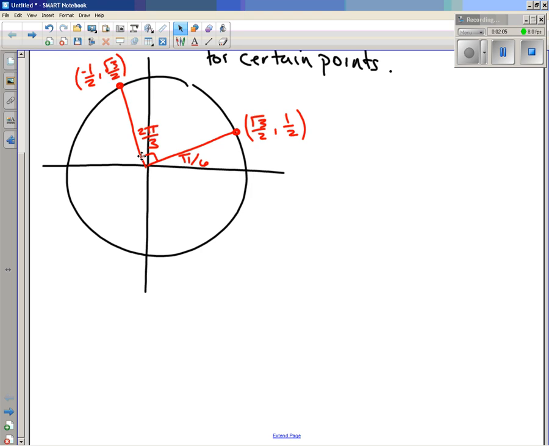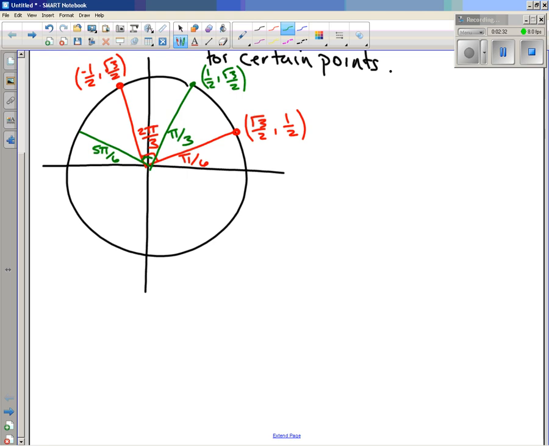We can do the exact same thing if we look at pi by 3. The coordinates for pi by 3 are 1/2 and root 3 over 2. If we add 90 degrees to pi by 3, we're going to be over here at 5 pi by 6 or 150 degrees.